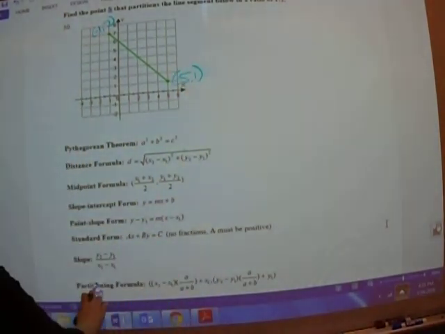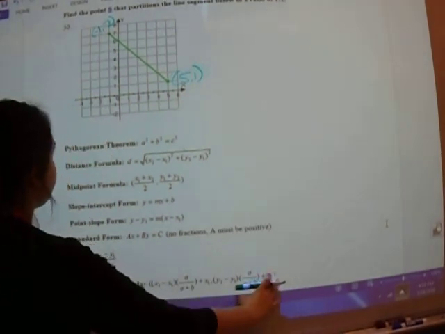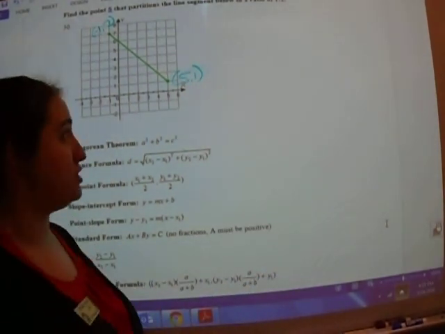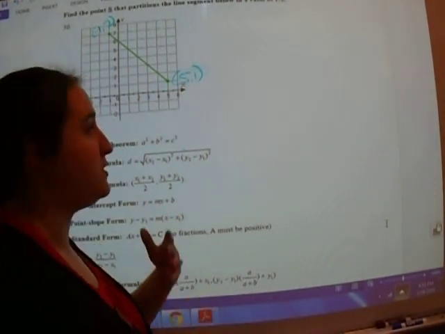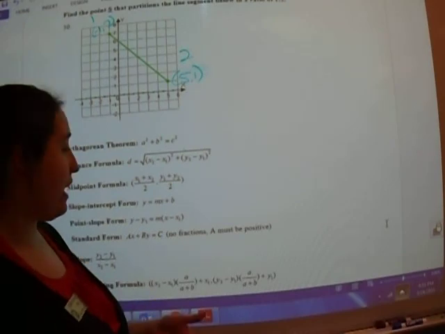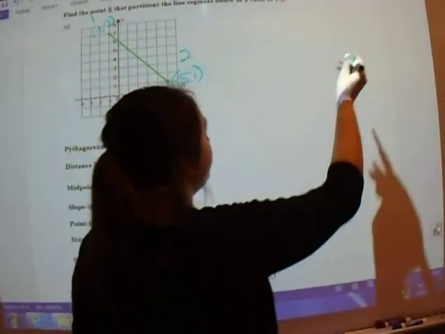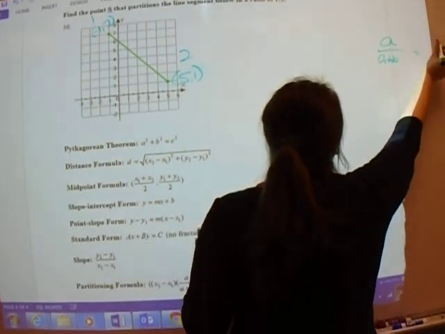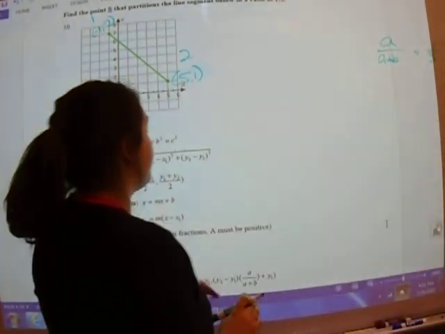All right, so we're going to plug it into this formula, right? It matters which is x2 and which is x1, or which is 2 and which is 1. So this one is 2, this one is 1. 1 is our starting place, 2 is our ending place. Our a over a plus b is 1 over 3.